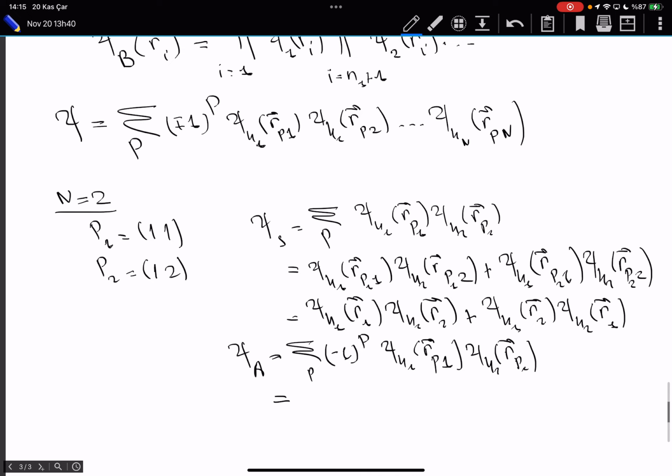The identity permutation is just the trivial permutation, so it has a signature 1. P2 has a signature -1.